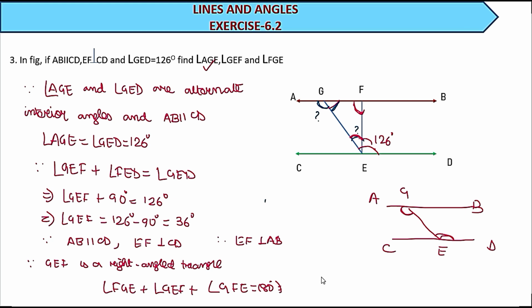So FGE, which you have to find out, plus 90 degree and 36 degree equals 180 degree. So angle FGE equals 180 degree minus 126 degree, that is 54 degrees, the answer.